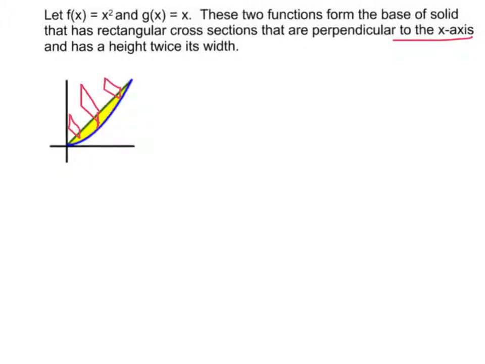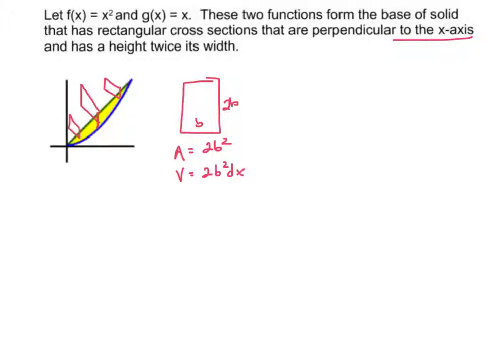Okay. So we've got a rectangle, and the base is b, so the height is 2b. I wish I'd made it different than the other one we did. So the area is 2b squared, so volume is 2b squared dx.